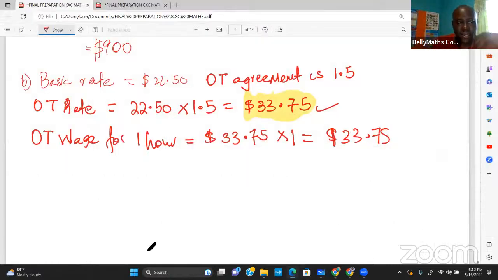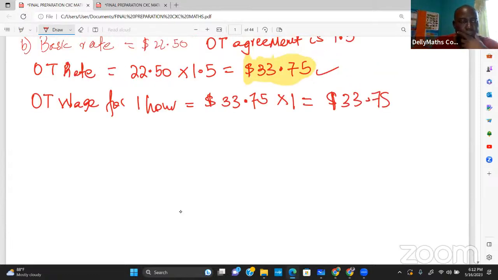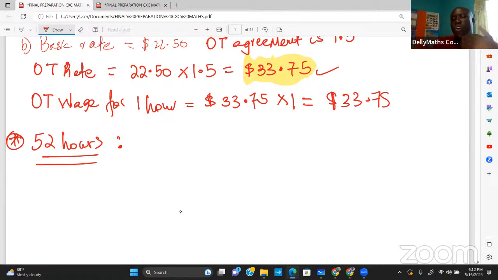So let us take a look at this. Now, for 52 hours, right? If you normally work 40 hours and you work 52 hours on a given week, you're going to realize that you just worked some extra time, because normally you work for 40 hours. So you are able to tell the overtime hours right now.